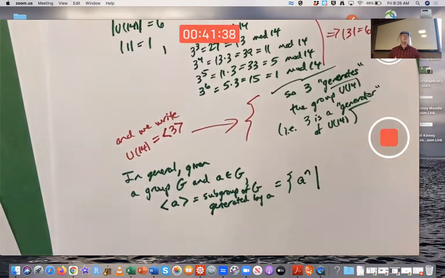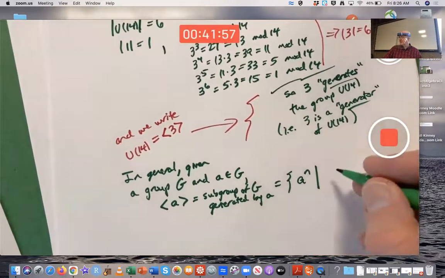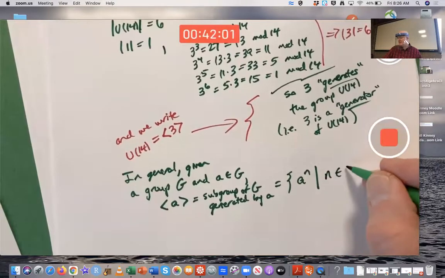And in the abstract, the group operation is analogous to multiplication. If we were thinking about an additive group where the operation was addition, we wouldn't want to write powers. We'd want to write n times A, which means A added to itself n times, at least when n is positive. Here, actually, we do allow n to be 0 or negative.